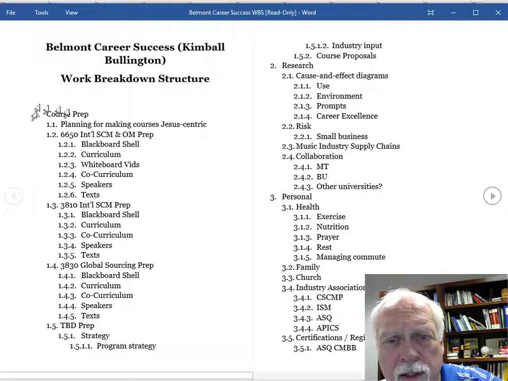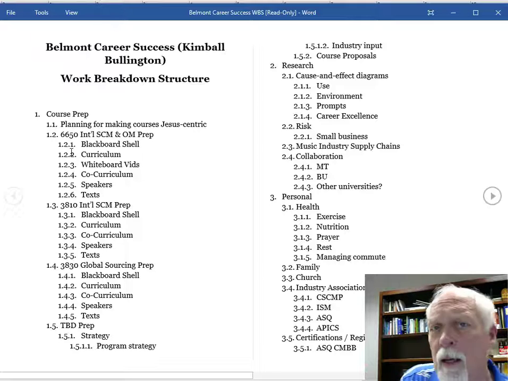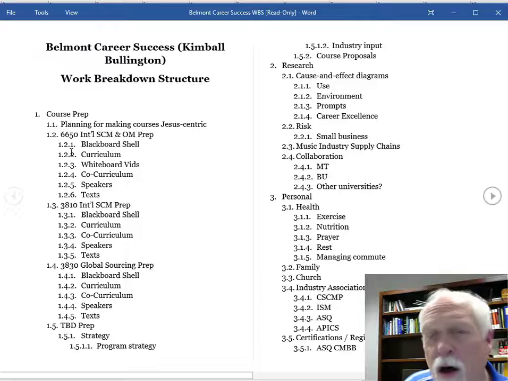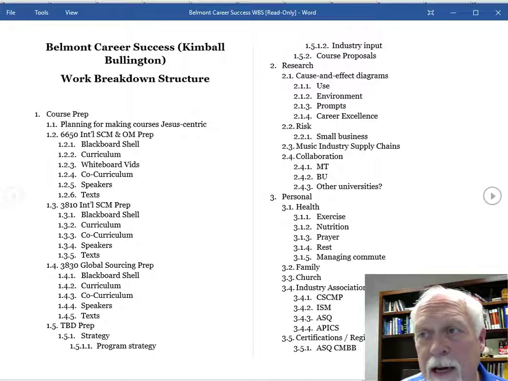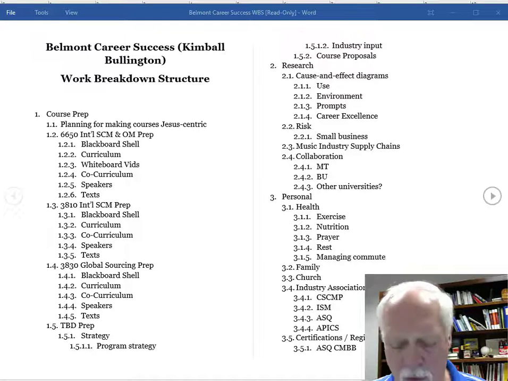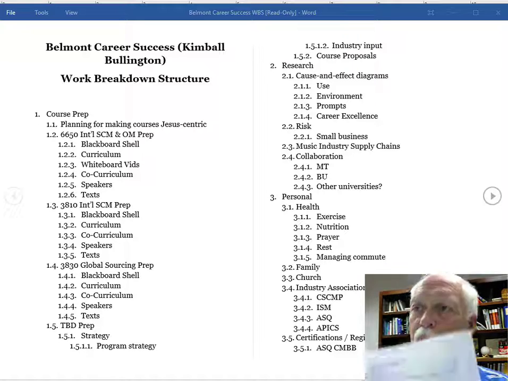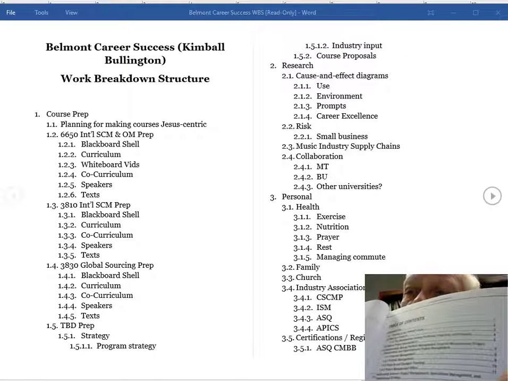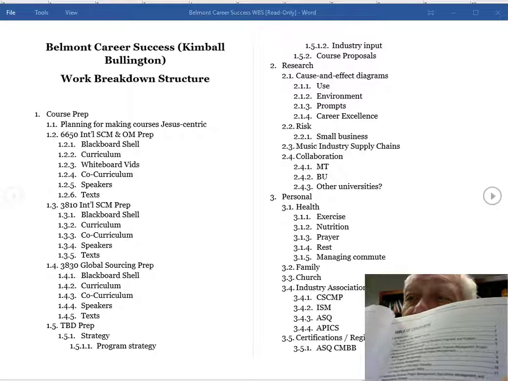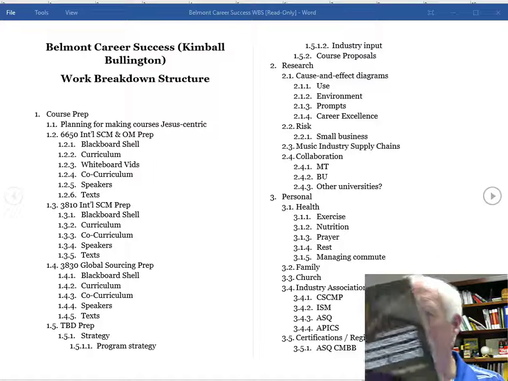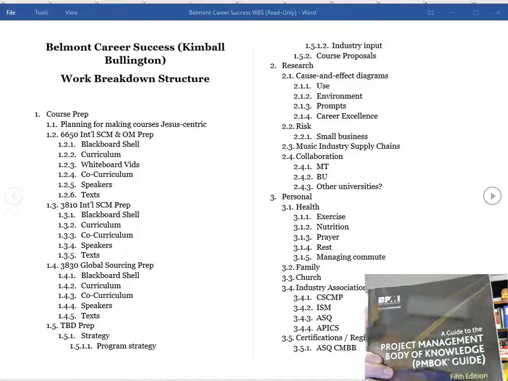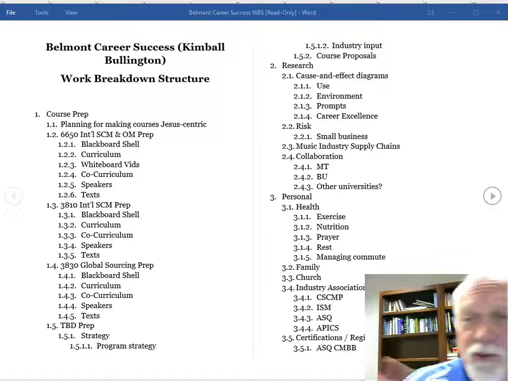And I want you to use this format, 1, 1.1, 1.2, 1.2.1, and so on, because that's what's used in the project management body of knowledge. I don't know if you'll be able to see this very well if I hold this up, but that's exactly the outline format that's used in the PMBOK, the project management body of knowledge, and it's used in the government.